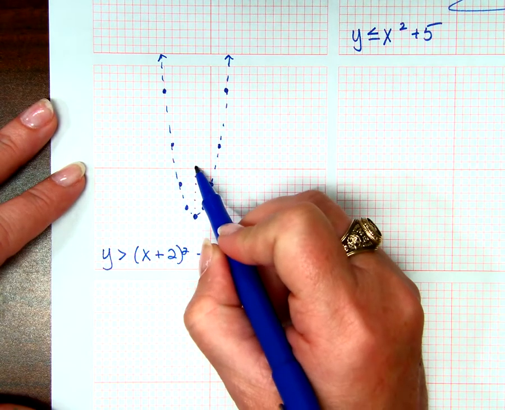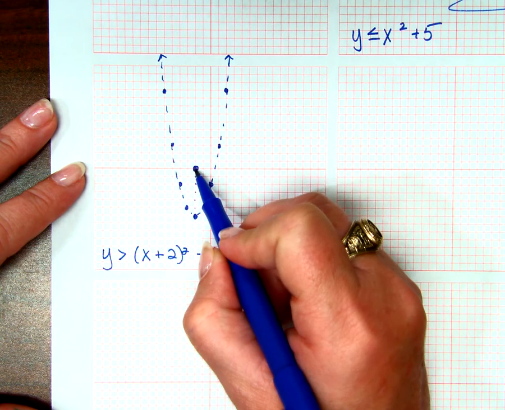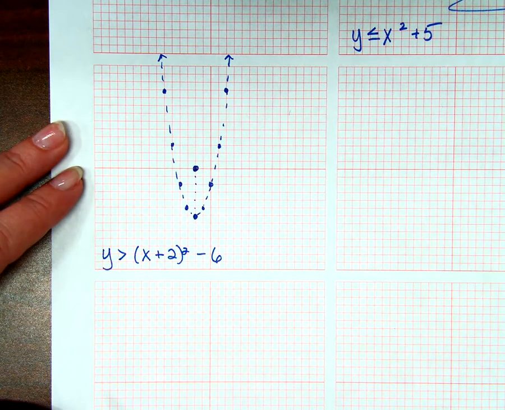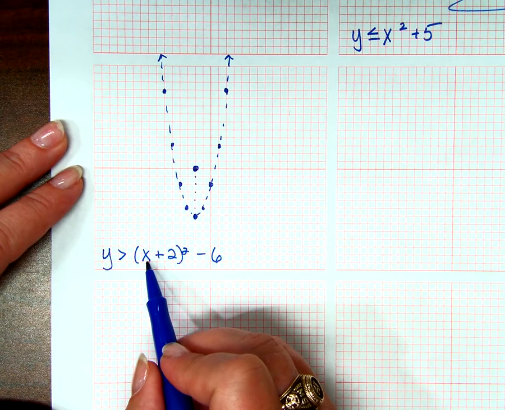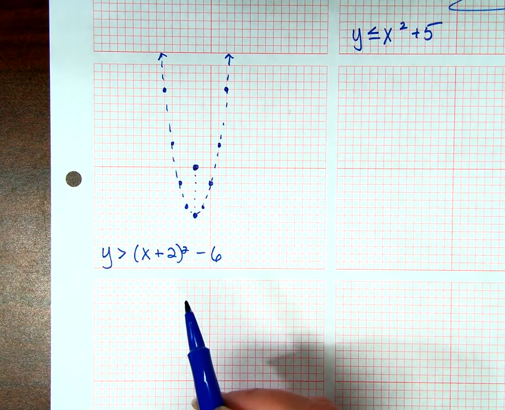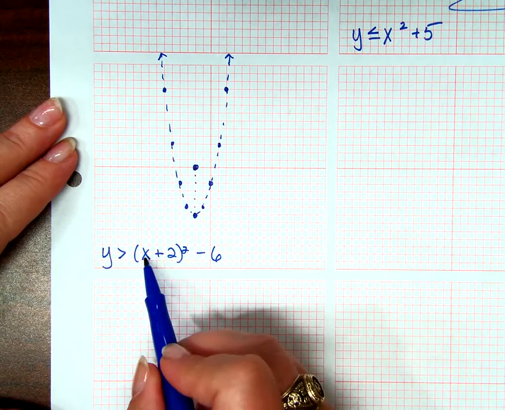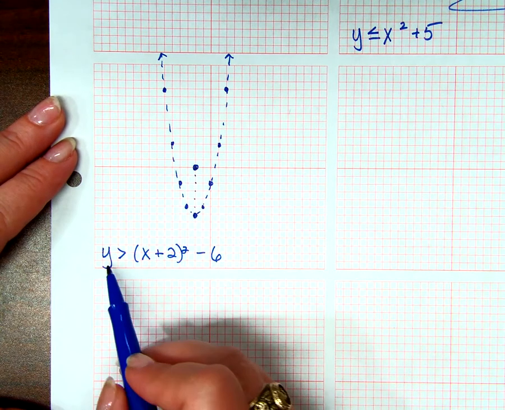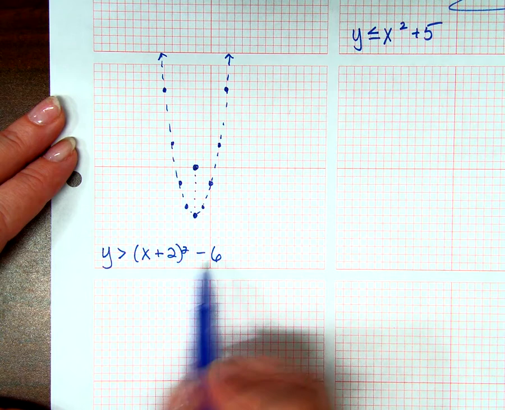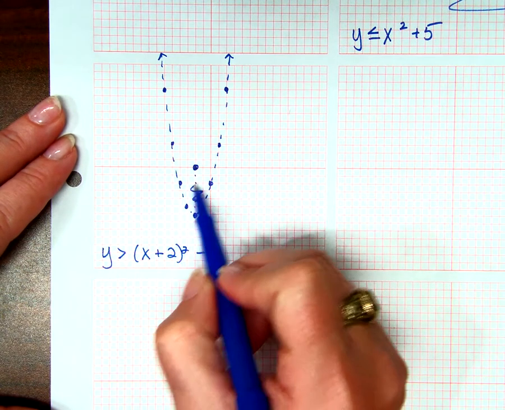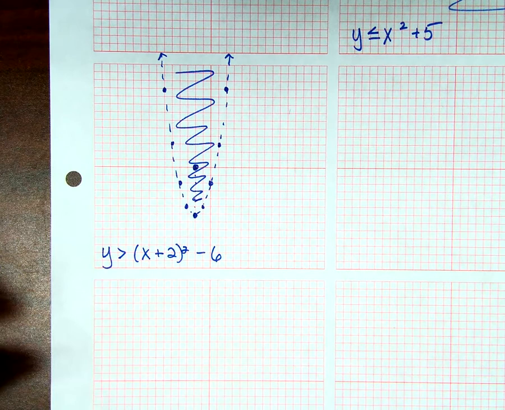Why would this be the best point to choose? -2, 0. If I put a -2 in for x, what does this become? Oh my gosh, I'm so smart. So are you. So 0, and then y is already a 0 because it's on that axis, right? So 0 is greater than -6. True. Shade where the true part is. This time it's on the inside.